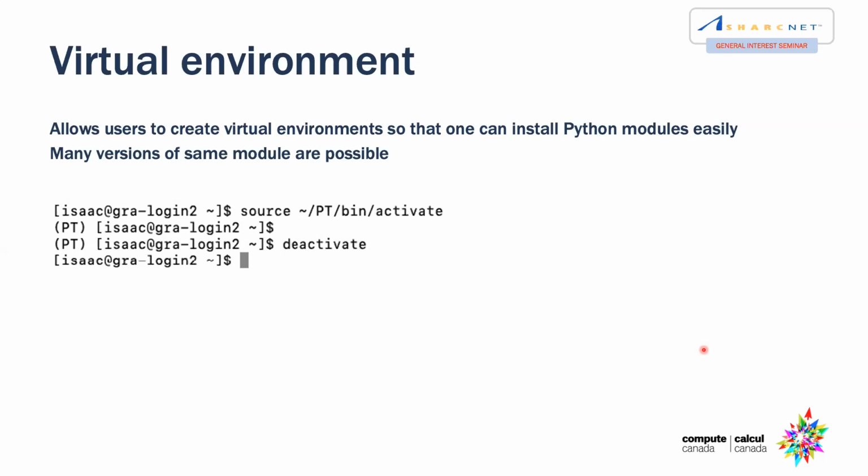Anyway, I'm going to tell you how to set up the virtual environment soon, but you get into the virtual environment by activating your virtual environment file, and you come out of your virtual environment by typing deactivate. So activate and deactivate are the tools for getting into and out of the virtual environment.